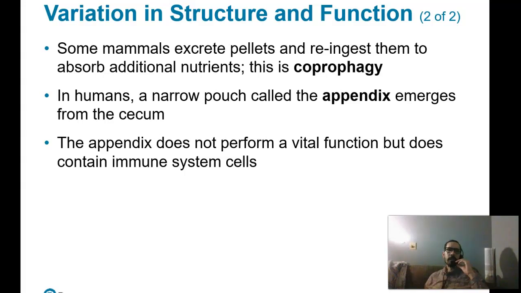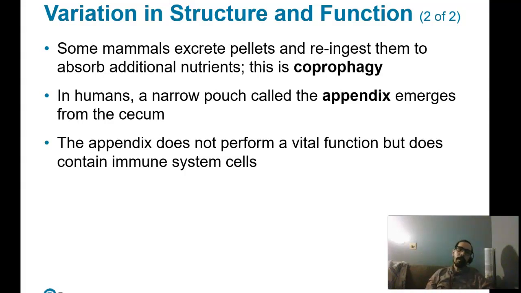And in humans, the narrow pouch called the appendix emerges from the cecum. The function of the appendix is not really known because it has no obvious function, since when you remove it, there are no obvious effects.